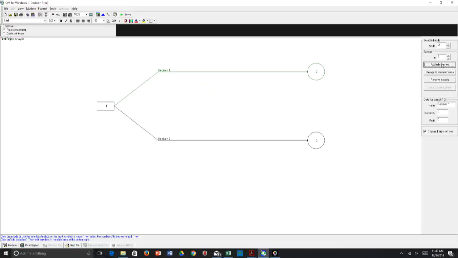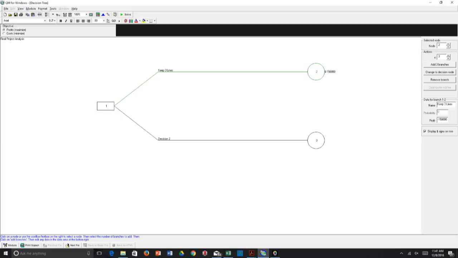So we're going to add our 2 branches. This first one is going to be keep 3 lines. And we know that in order to implement our process improvement project, it was $50,000 per line, or a total of $150,000.